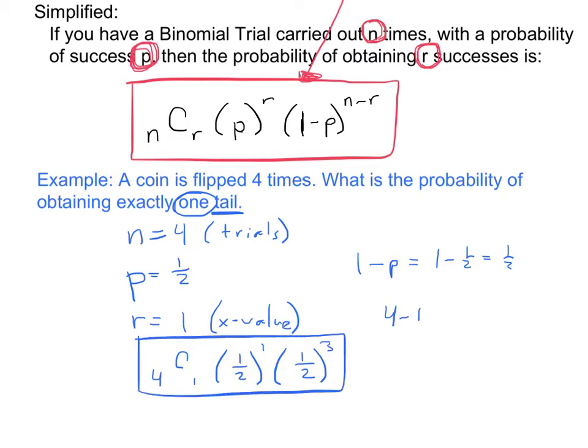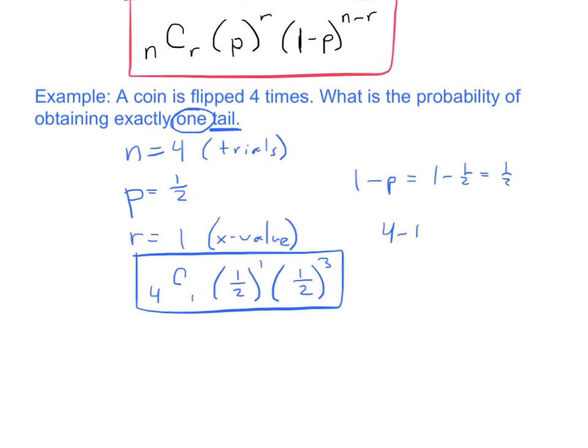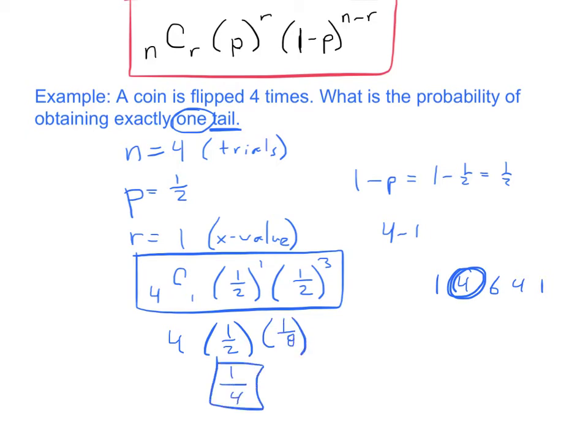And this would sort of be the answer to the question. And we can go further than that. We can simplify that. 4C1, if you look at Pascal's triangle, 4C1 is 1, 4, 6, 4, 1. So that's 4C1. So 4 times 1/2 times 1/8. So it looks like 1 out of 4 is actually the probability of this exact thing happening.